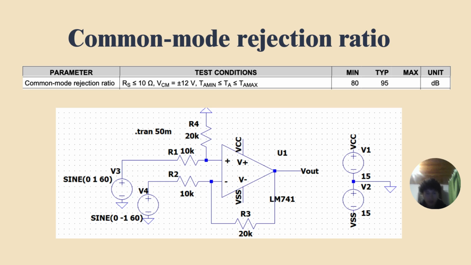Now we're gonna measure that common mode rejection ratio in LTSpice using the LM741. We're using the differential amplifier configuration, and we're gonna use purely differential signals and purely common signals to measure this.